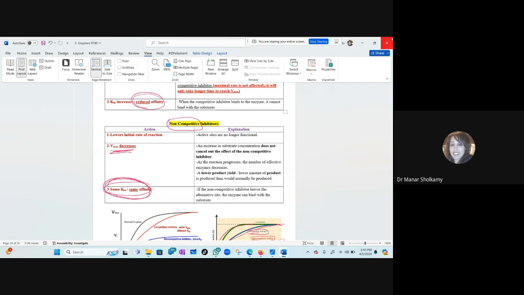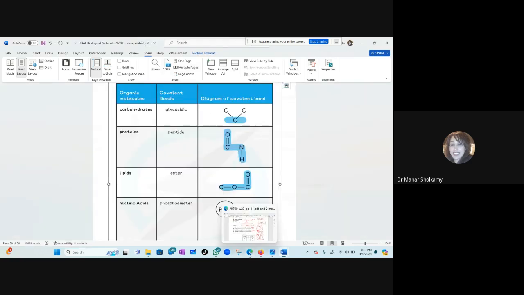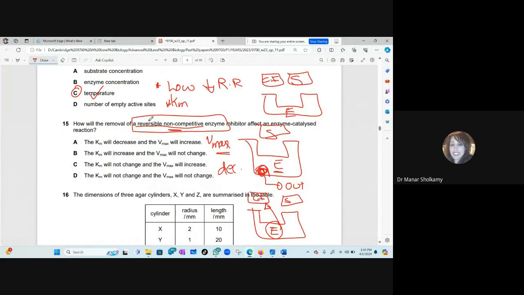Now this answers this question. How will the removal of a reversible non-competitive enzyme inhibitor affect an enzyme catalyzed reaction? Non-competitive. Michaelis constant doesn't change, but the Vmax is reduced. A. The Michaelis constant will decrease and the Vmax will increase. Is A right or wrong?